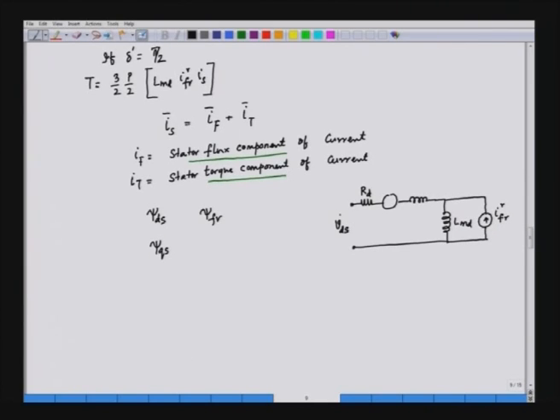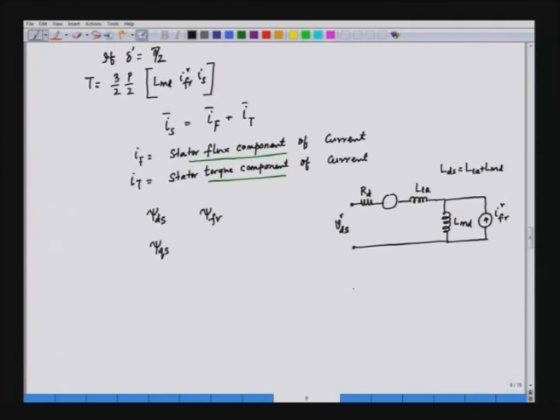All the variables here are in the rotor reference frame, we denote them by a superscript r. This is the leakage LLA, and the d axis inductance usually is LDS that we refer to, that is the sum of the leakage inductance plus the d axis magnetizing inductance, that is LMD.